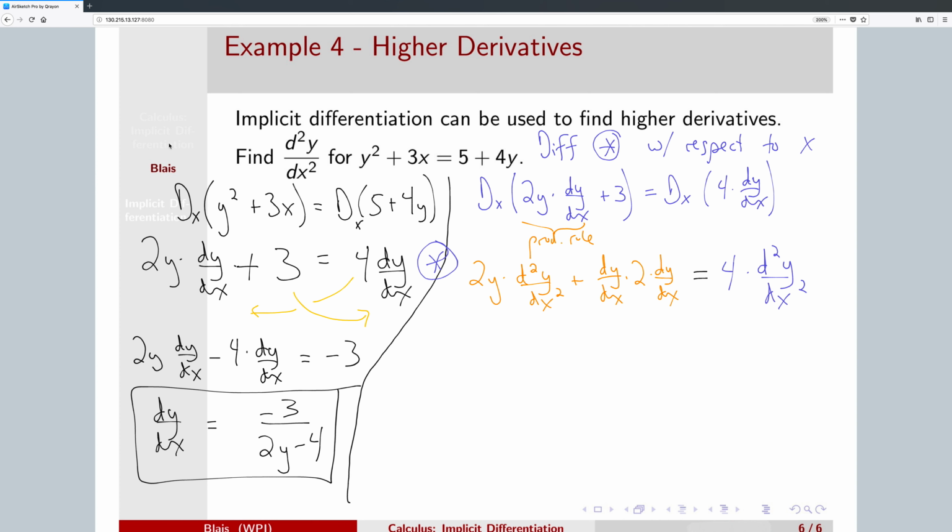Now, we solve for that second derivative. So bring this purple term to the left and the second orange term to the right. And we have 2y times the second derivative minus 4 times the second derivative equals negative 2 times that first derivative squared.